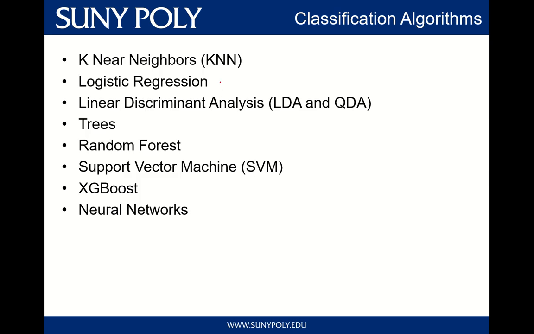We also have logistic regression, which we're going to discuss in this video. For regression, you have linear regression, which is the most popular algorithm. So in classification, logistic regression is for sure the most popular algorithm. There are other alternatives such as trees, random forests, support vector machines, SVMs, XGBoost, and neural networks. So these are different ways to solve the classification problem.